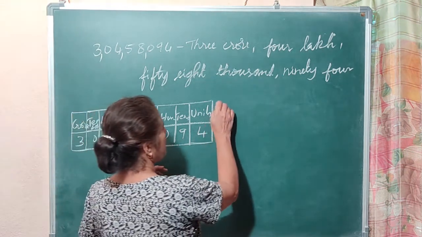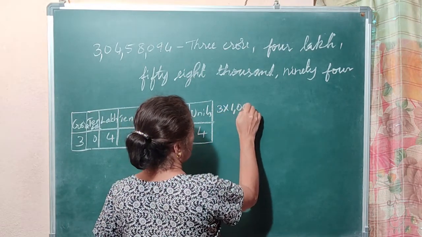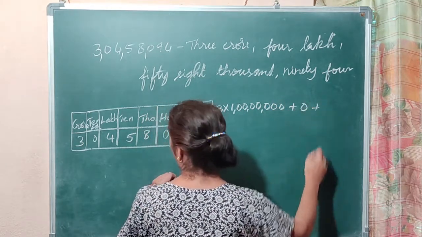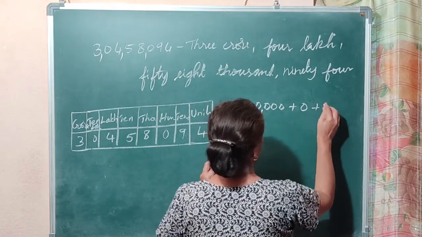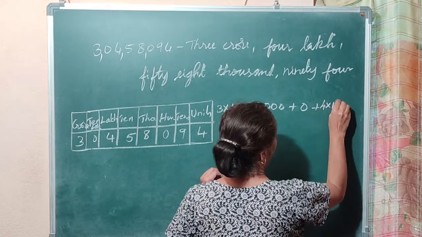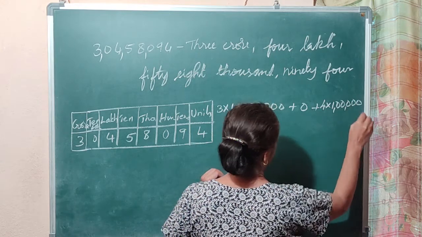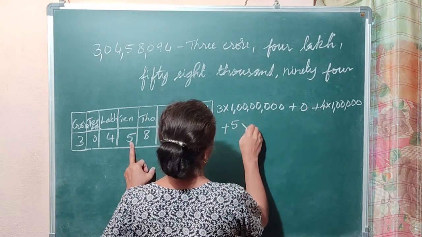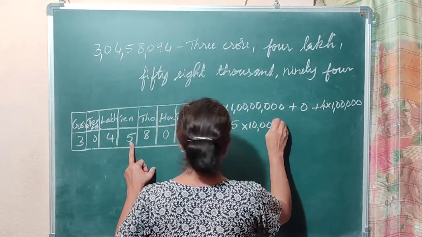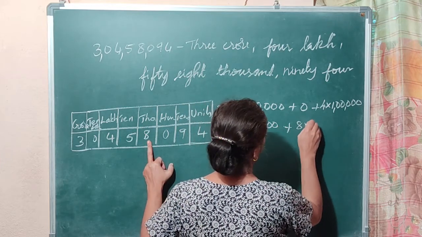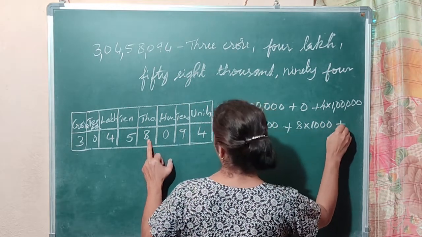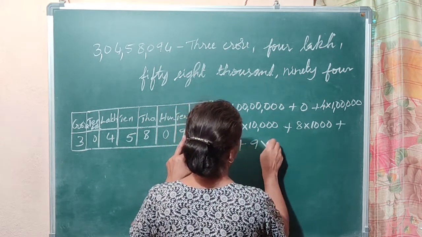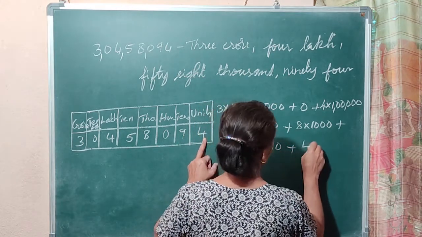So I write 3 into 1 crore, after crore, lakh after lakh, thousand, plus 0, plus 4 into 1 lakh, then these three zeros, plus 5 into 10,000 plus 8 into 1,000 plus 0 into 100, or 0, plus 9 into 10 plus 4 into 1.